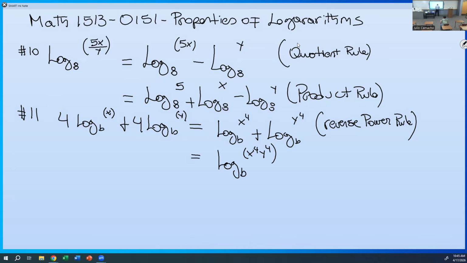And we reverse the product rule. And that is the answer. It's as far as you can go.